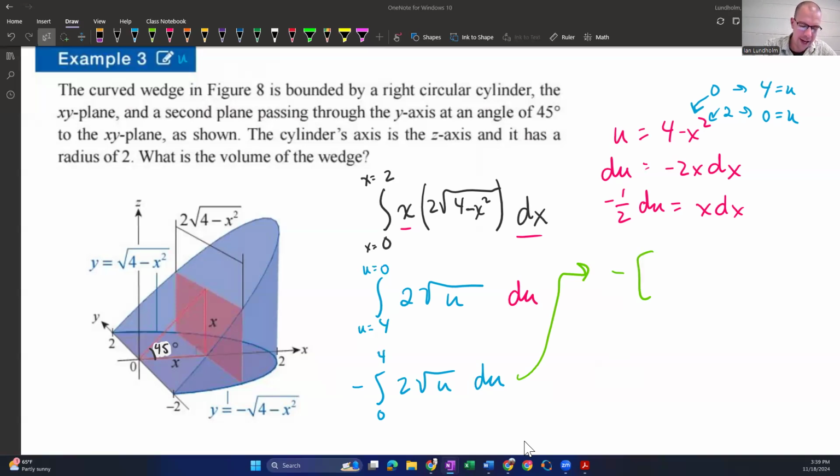Yeah, the antiderivative of u to the 1/2 power is u to the 3/2 power. And then we also need to divide by that power. So dividing by 3/2 looks like multiplying by 2/3.